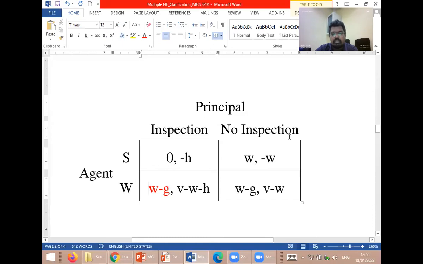If the principal is not inspecting, what's the best strategy? This one, isn't it? Avoiding work, because here you get W, and here you have W minus G. So here you get the wage without cost because you are not working.